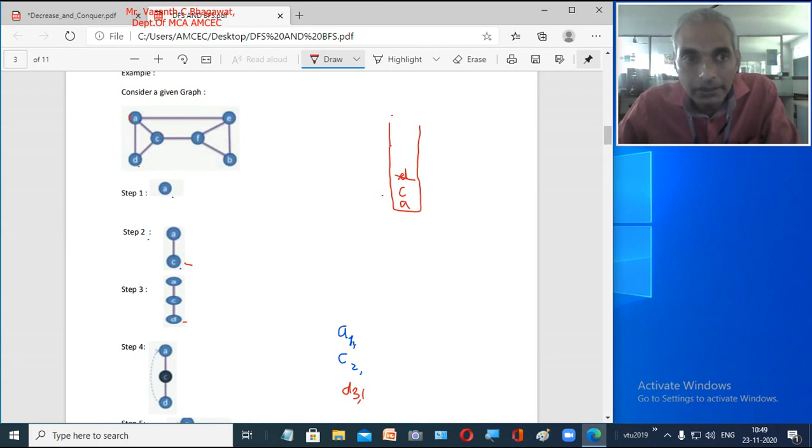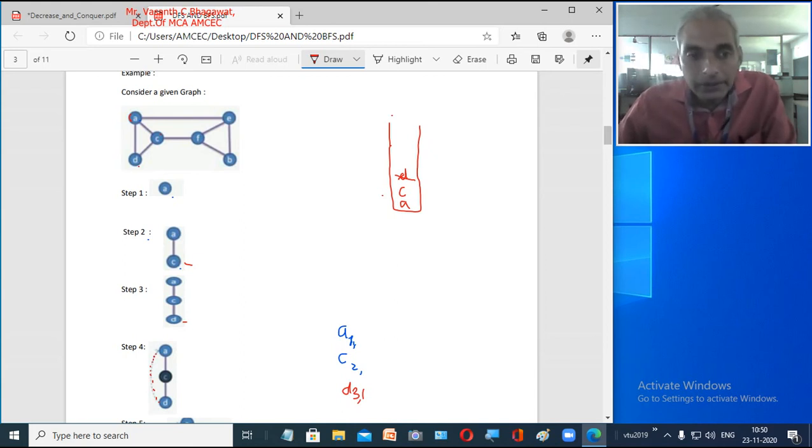A is already visited, but there is an edge from A to D. So from D to A, we draw a dotted edge, because there is an edge here. From A to D there is an edge, so we draw it using the dotted line.